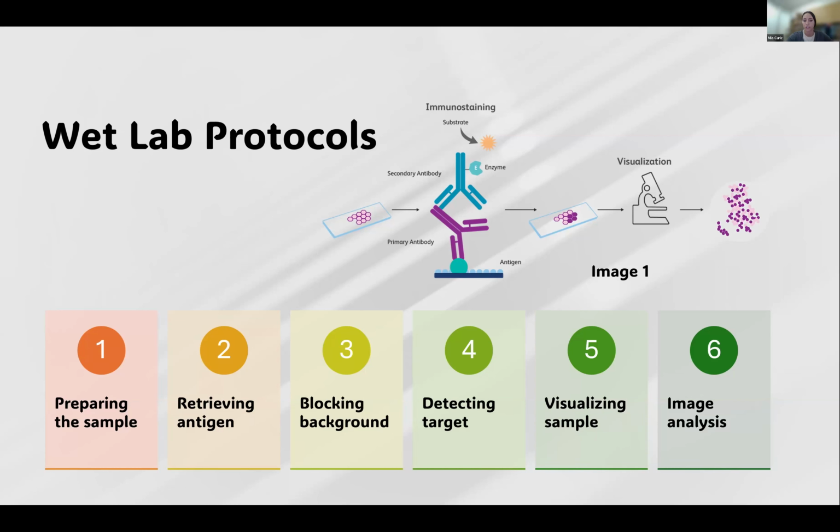You'd retrieve your antigen, and you block your background, making sure non-specific antigen binding doesn't occur with antibodies. Then you would detect your target, which is basically antibody labeling, as shown in this diagram. You have your primary and your secondary, and you have a fluorophore on the end of your secondary, which would help you to visualize your sample. And that led me into my image analysis.